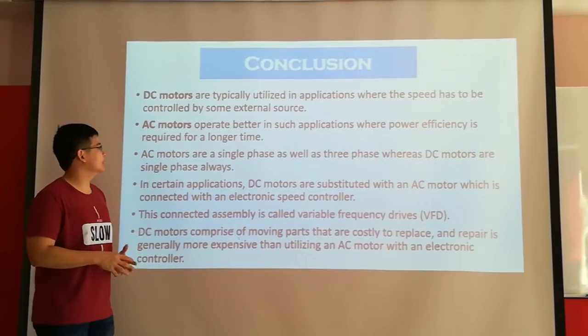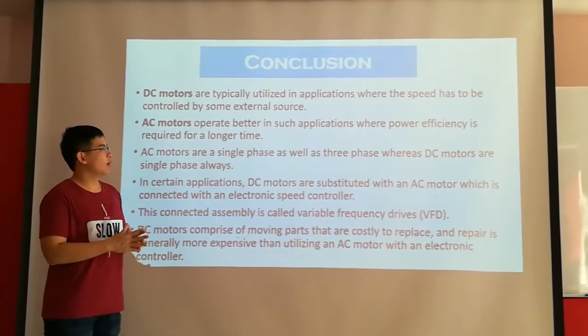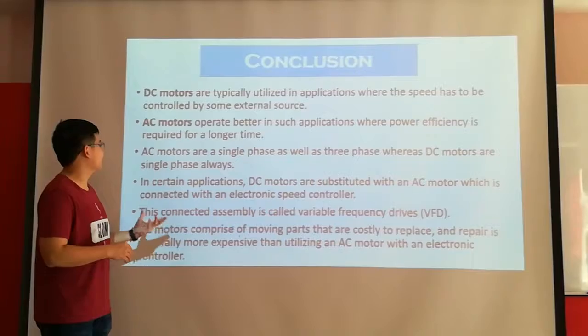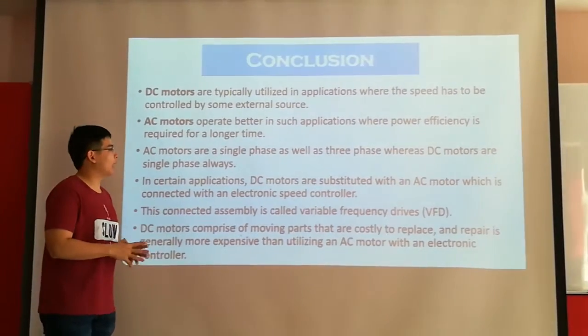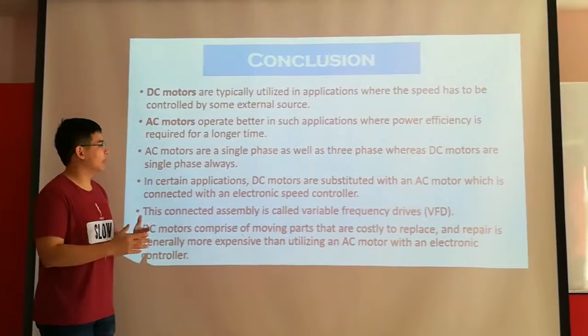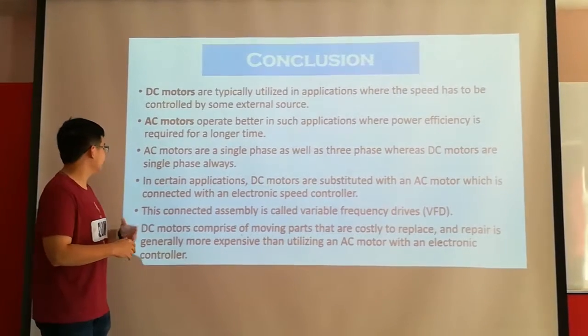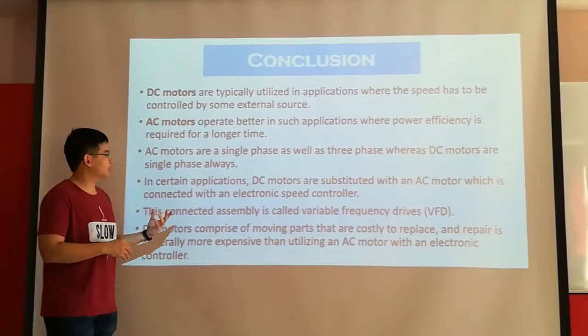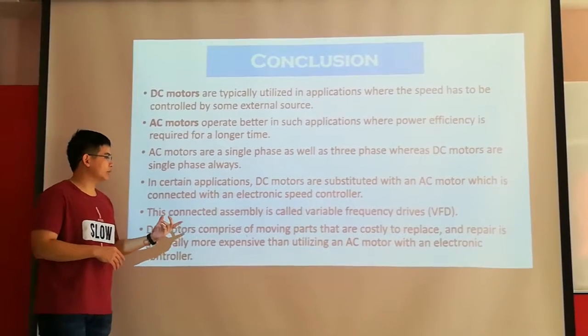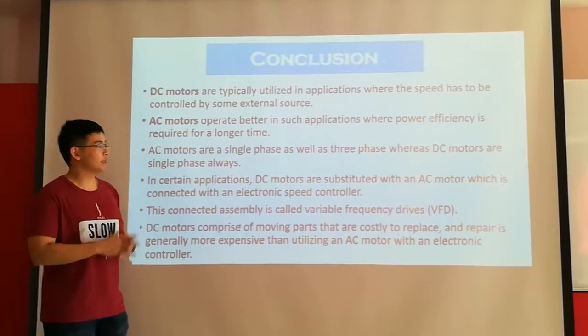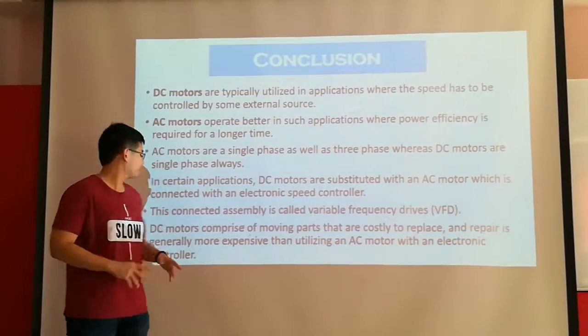AC motors are single phase as well as three phase, whereas DC motors are single phase always. In certain applications, a DC motor is substituted with an AC motor, which is connected with an electronic speed controller. This connected assembly is called a variable frequency drive, VFD.